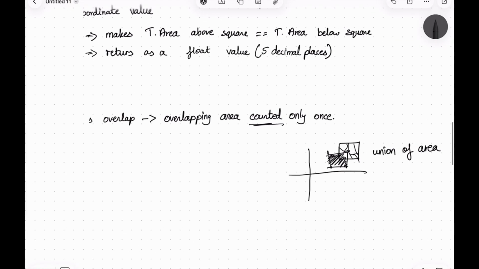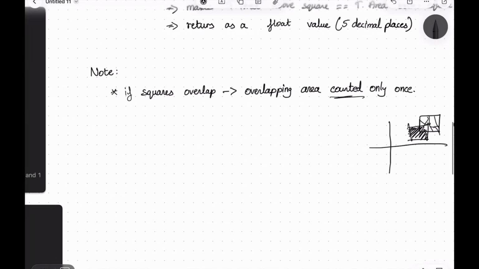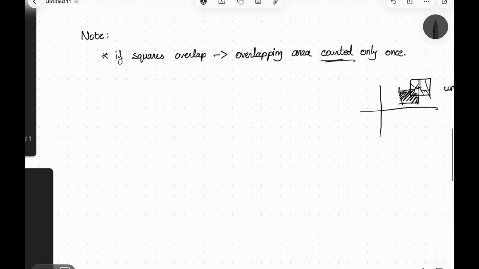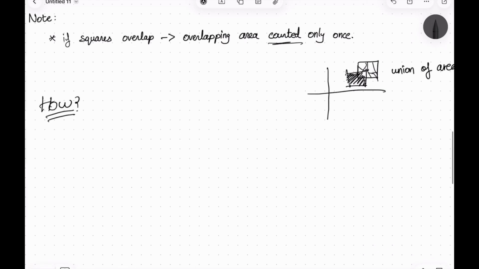So how are we solving this problem? Before solving this problem, let me explain what exactly y is and why we are finding y. Let me erase this quickly.